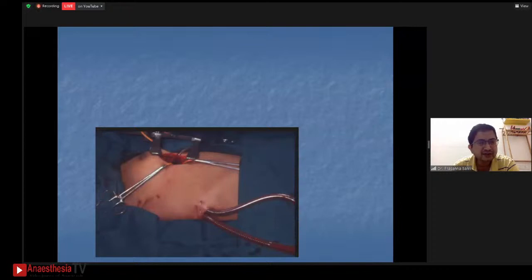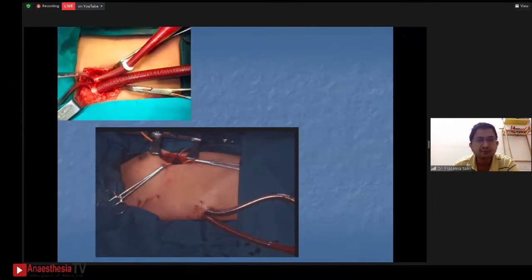Once we cannulate the SVC and the IVC, we take these two cannulae out through this incision in the mid-axillary line. And this is then connected to the cardiopulmonary bypass. So the venous return comes from the SVC and the IVC, and the arterial return is to the left femoral artery.